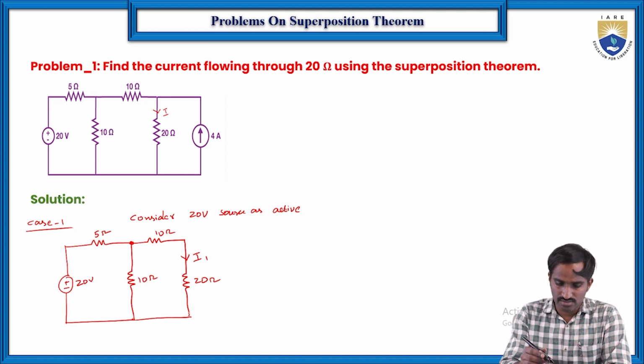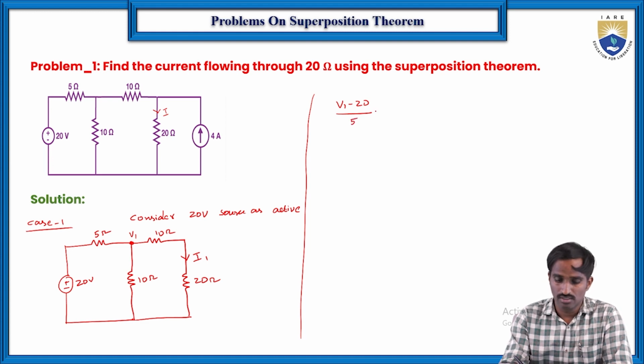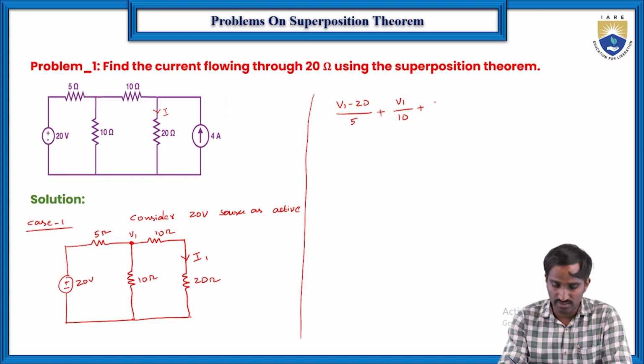Let us consider the node voltage as V1. So (V1 minus 20) by 5 ohms, plus the current flowing through the 10 ohms, V1 by 10, plus the current flowing through the series combination of 10 ohms and 20 ohms, V1 by (10 plus 20), is equal to 0.